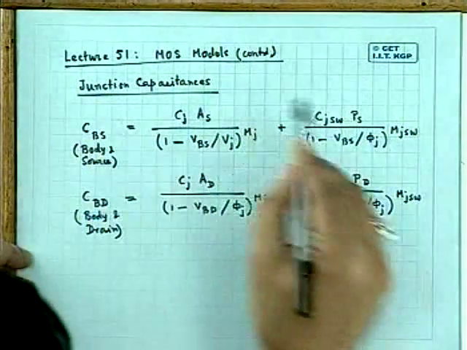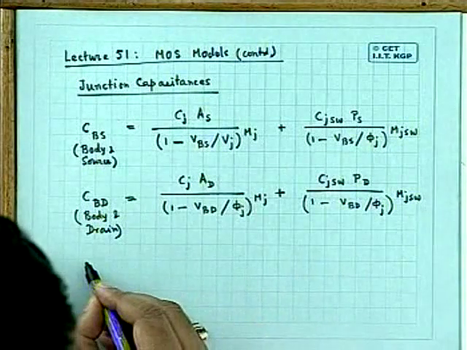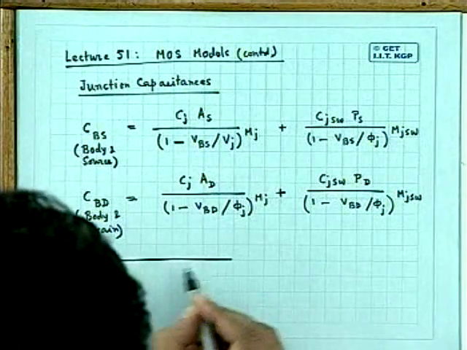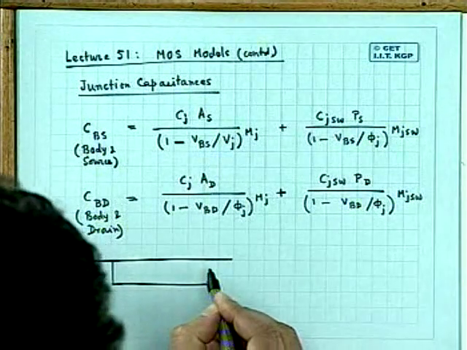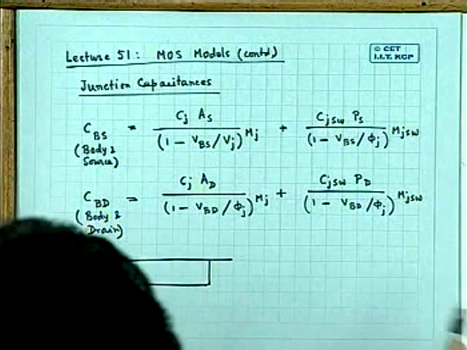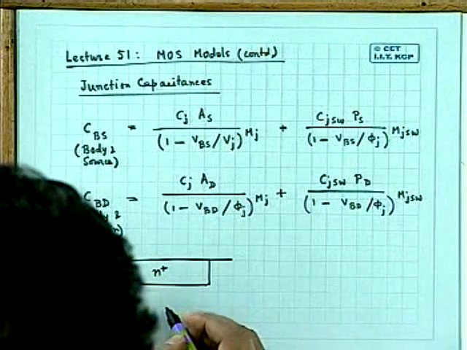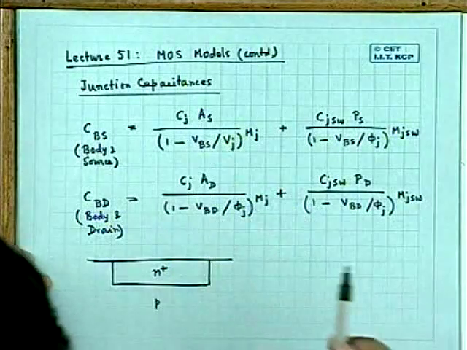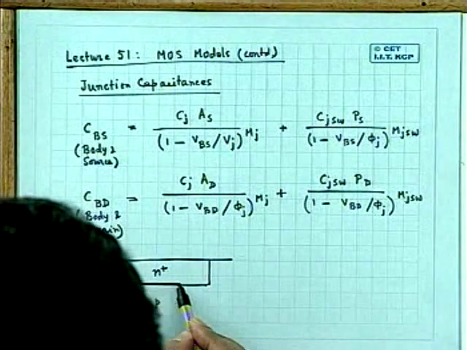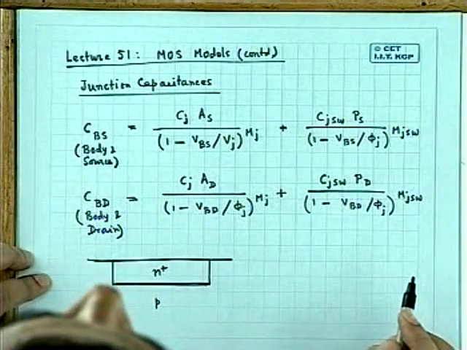In simulating this, we have assumed the junctions looking like this. It is a simplified form of junction. The first terms are due to the flat portion, the bottom layer.